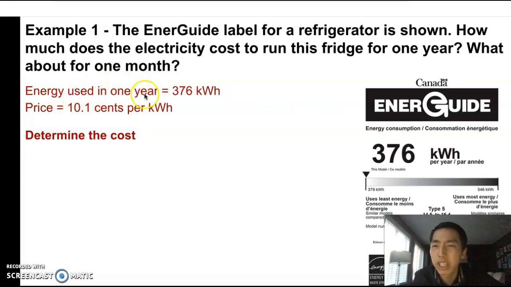So I listed that here. Energy used in 1 year, 376 kilowatt hours. I've also written down the price of our electricity. Once again, that's 10.1 cents per kilowatt hour. So how much does it cost to use all of these kilowatt hours? Determine the cost. You just multiply these two numbers.